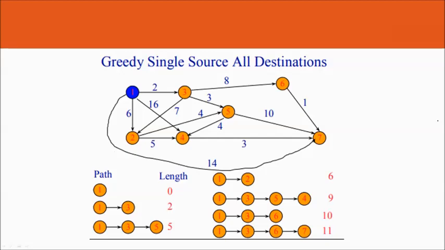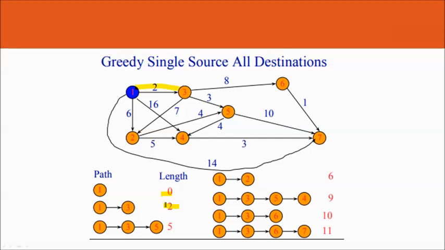Okay, let's try this one. We have the same graph. So from vertex 1, do we have any length? It's 0. Next, from vertex 1 going to vertex 3, we have length 2.